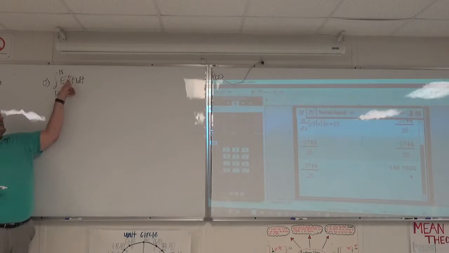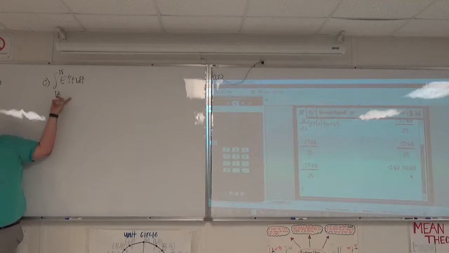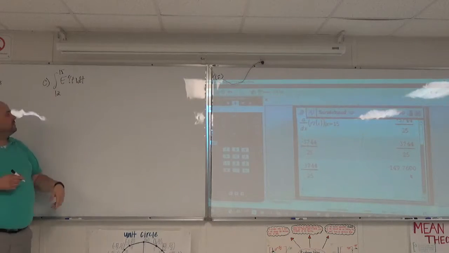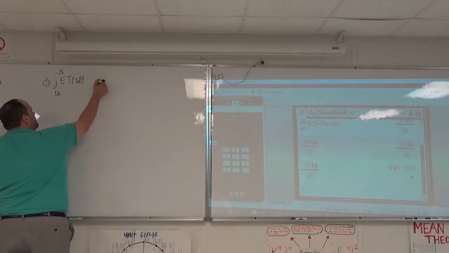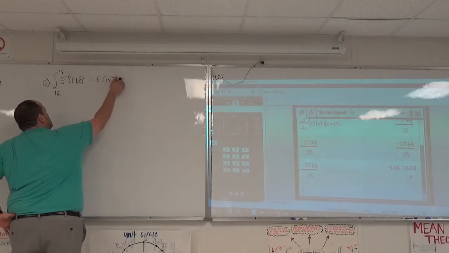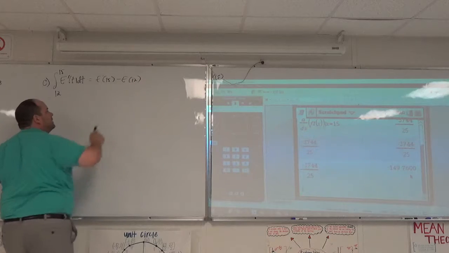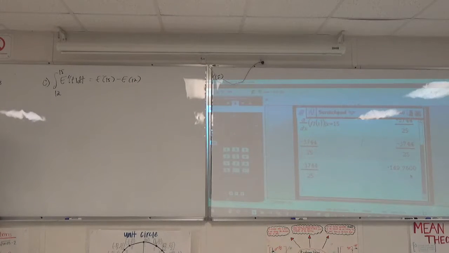So E prime is how fast the rate that they're entering is changing. The integral is going to be the total change in that rate. So you could do E of 15 minus E of 12.